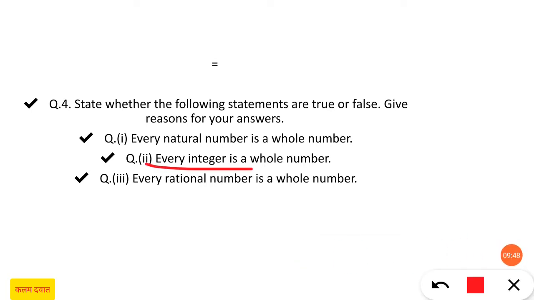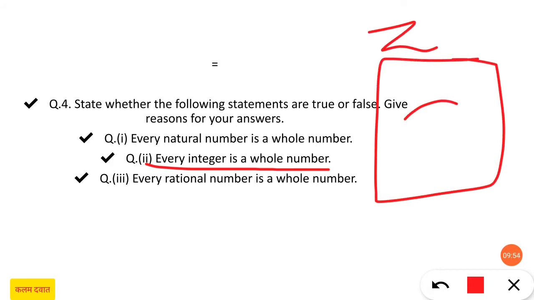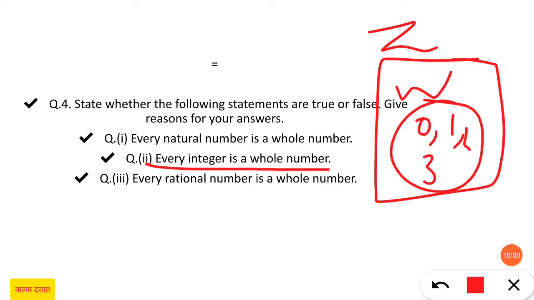Every integer is not a whole number, because the set of integers contains the set of whole numbers 0, 1, 2, 3 and so on, but integers also include -1, -2, -3, which are not whole numbers. So this one is false.